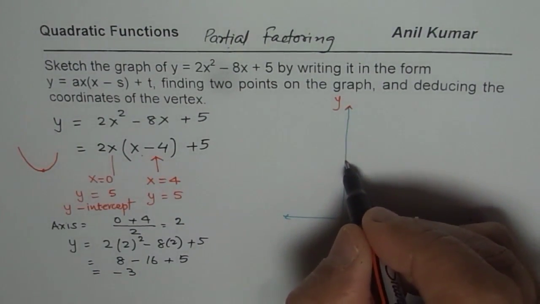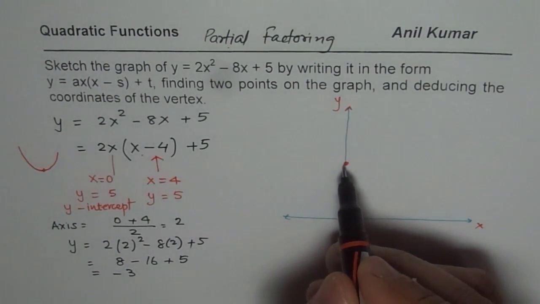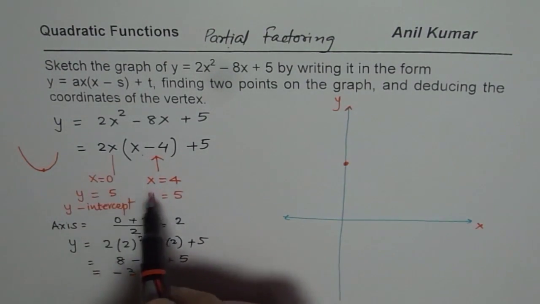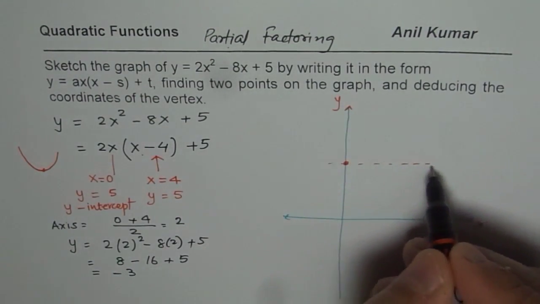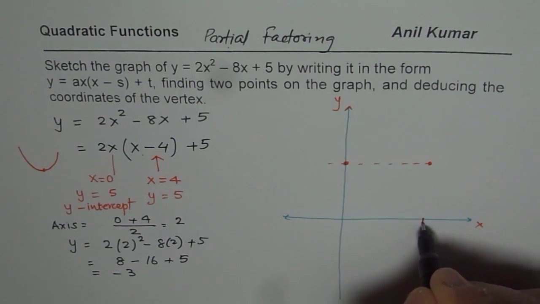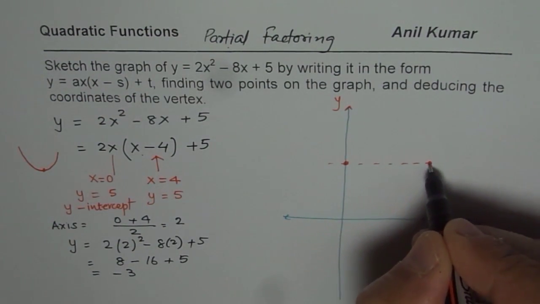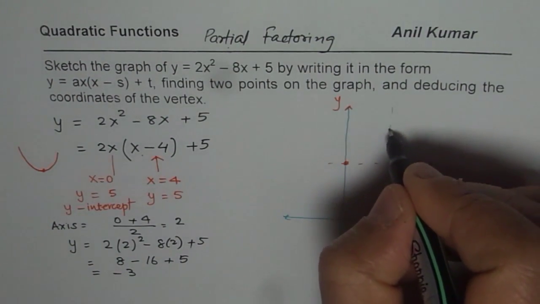So somewhere here, let us say this is our 5. That is the y-intercept for the parabola. And we also get a point whose value is 5 when x is 4. So let us say this is when x is 4, it is again 5. Now exactly in between these two values, we should have our axis.